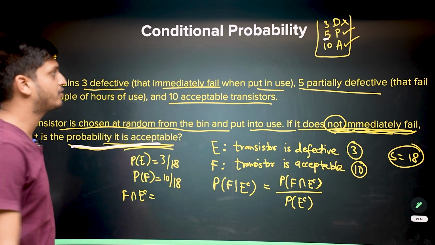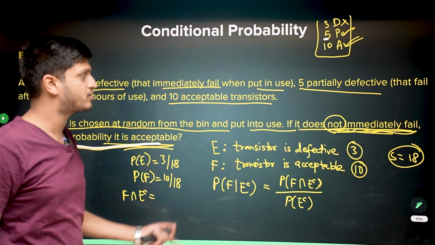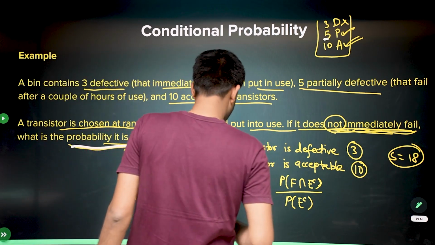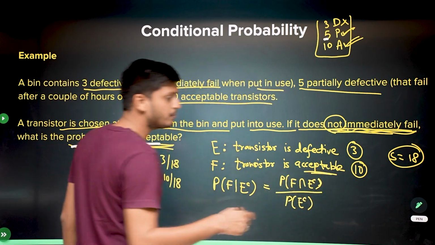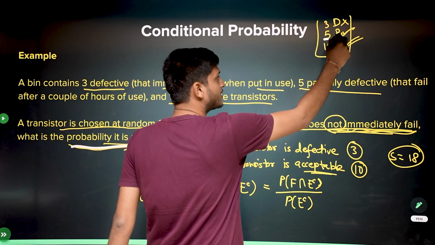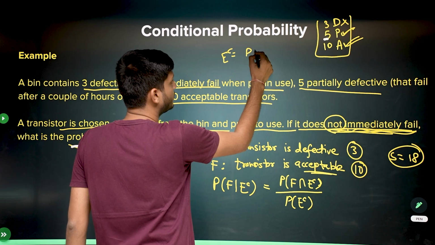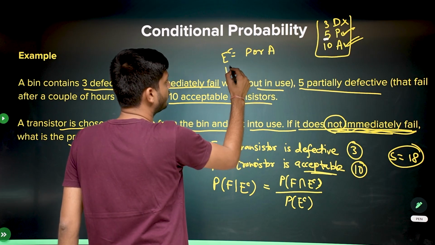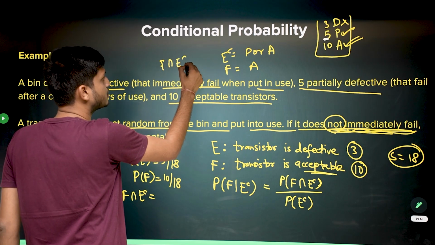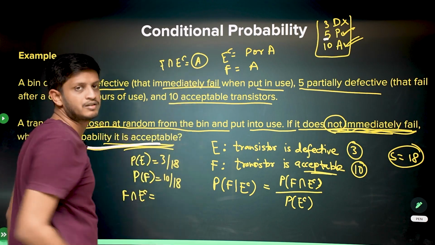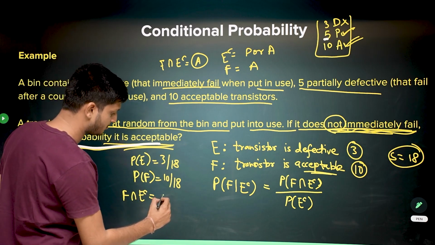E complement is partially defective or acceptable. What is the common element? Acceptable. Their intersection is nothing but acceptable.